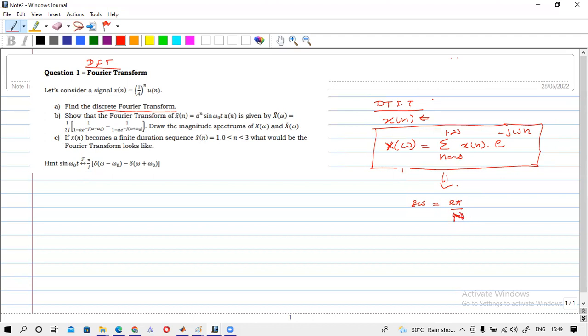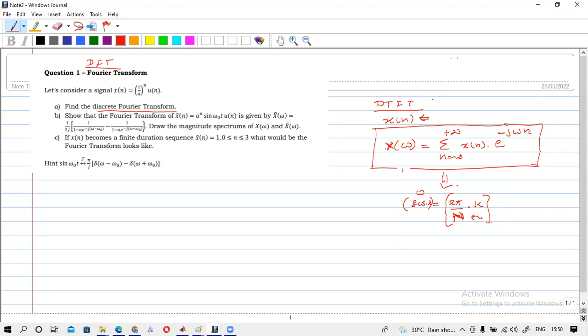This N is a finite number. If I multiply this by k, this will be my omega. This is the discrete version of the frequency.